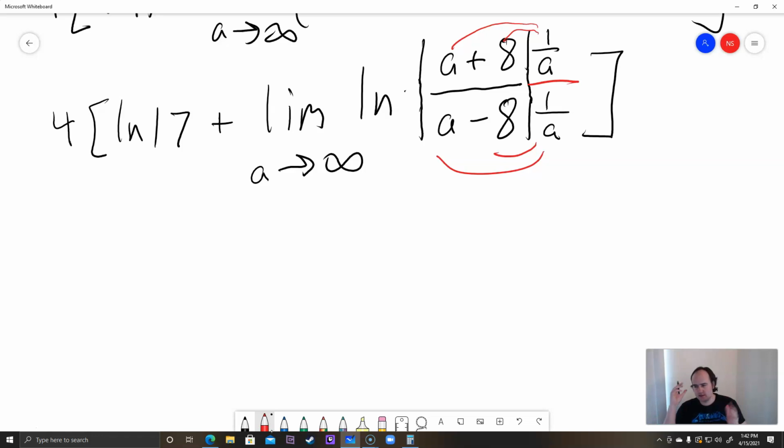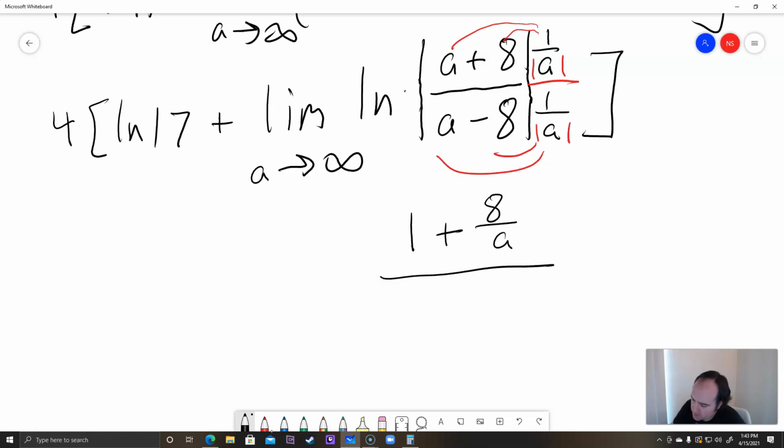I'm going to be ignoring the absolute value for now. I guess I could write 1 over absolute value of a, but it's not that important. So on the top, we're going to have 1 plus 8 over a, and on the bottom, we're going to have 1 minus 8 over a. As you're going to see in just a second, we're not even going to need these absolute values anymore.